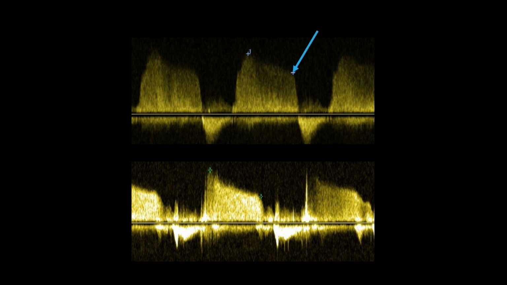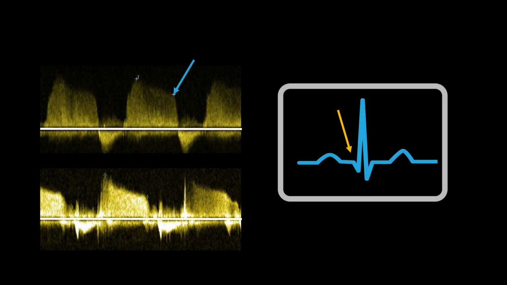This point will be above the horizontal axis, just before the normal pulmonary valve jet, which is seen below the horizontal axis. This moment in time matches the onset of the QRS wave on the electrocardiogram trace. And, as with the tricuspid regurgitation trace, the echo machine will automatically calculate the equivalent pressure.